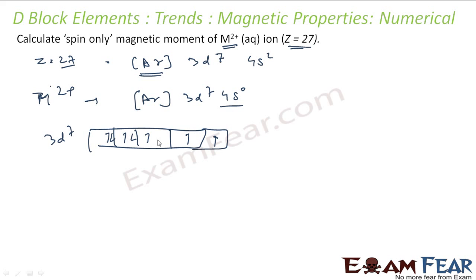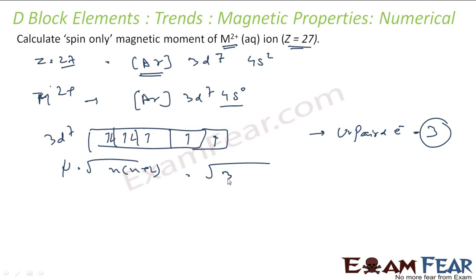So the number of unpaired electrons is 3. So mu is root of n into n plus 2. Put the value of n as 3: 3 into 3 plus 2, that is root of 3 into 5, root 15, and that is almost 4 Bohr magneton, less than 4, 3.9 almost. This is the value.